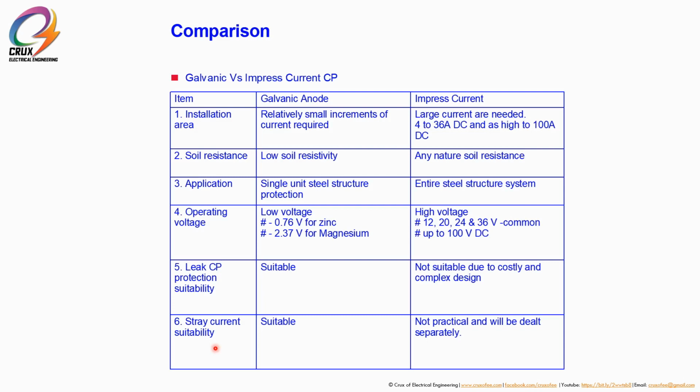Or your ICCP is near a steel mill, so there can be a lot of stray currents when they do the melting. Okay, so those are the sources.